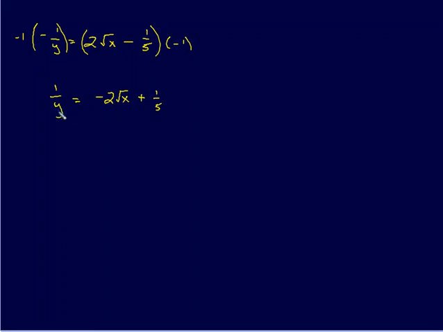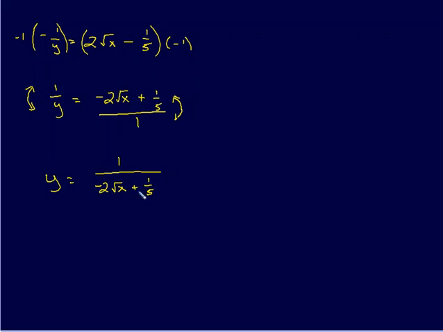Now, since I have 1 over y, which is just the reciprocal of y, a nice way to do this is just to flip both sides upside down. Now be careful, this is all over 1 right now. So when I reciprocal this side, it's going to become 1 over the whole thing, even the 1/5. So it's now y equals positive 1 over the quantity negative 2 root x plus 1/5.